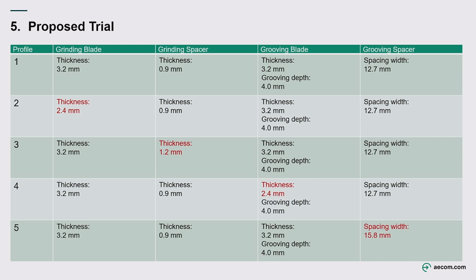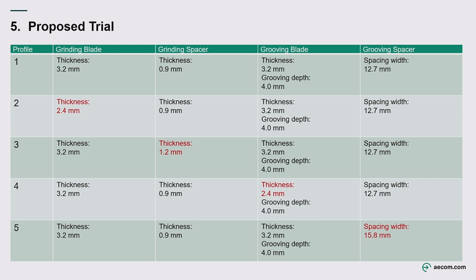Then we tried to move and change one by one the parameter to see their effect. So profile 2 is using a finer grinding blade, while profile 3 is using a thicker grinding spacer.